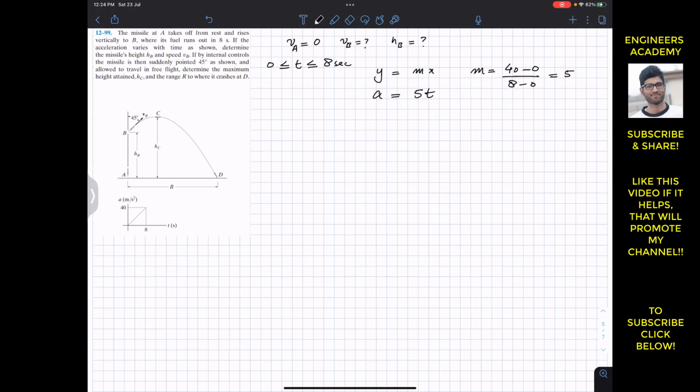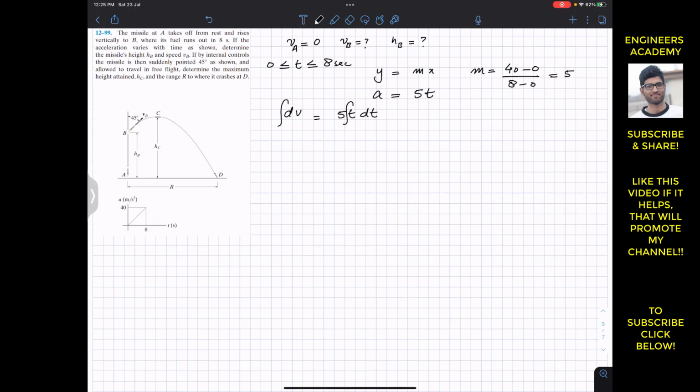So now as we know that the acceleration is dv by dt, and this will be equal to 5t for this particular interval, and from this equation we can write that dv is 5t dt. Now let's integrate this.